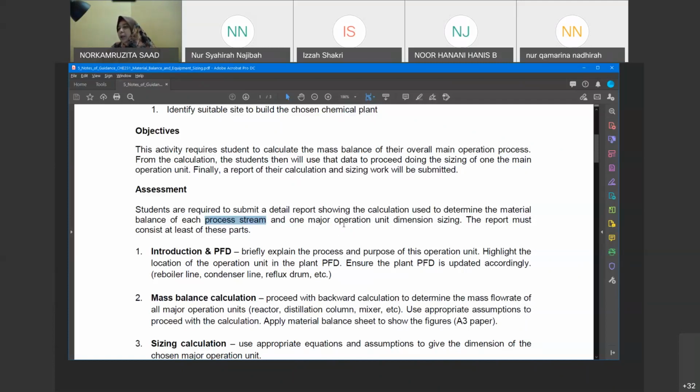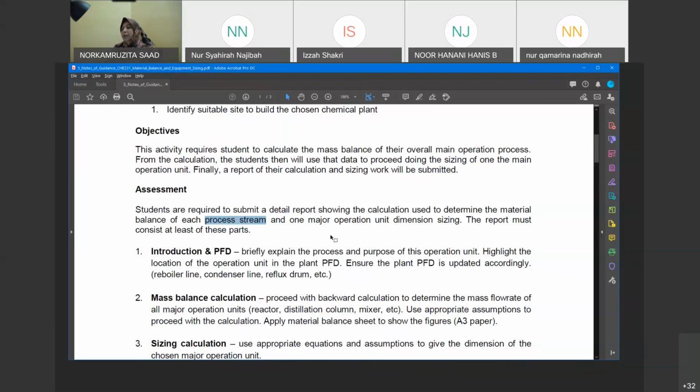So in this case, if I were to choose one example, let's say you choose a distillation column, or maybe you call it fractionation column, all right? Bear in mind, there are many names given to your separation unit, but you have to go back to the basic. What is the common name given to that particular unit?